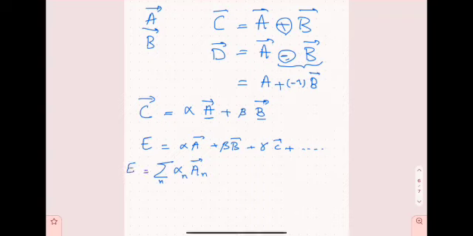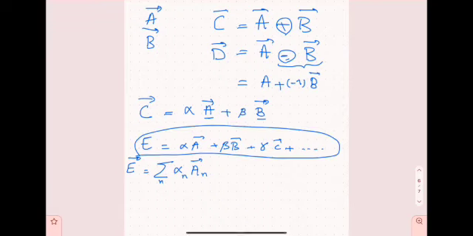That is just a nice way of writing the same series, instead of writing all these terms, because n can be an infinite number, from 1 to n, and n could be anything.